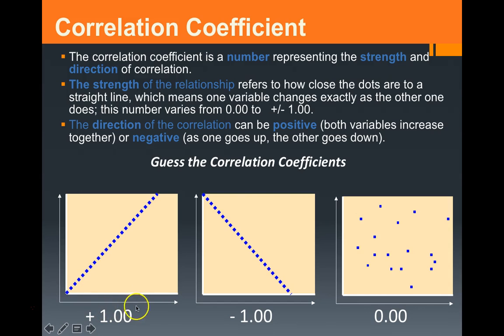We'll call this variable A. This is variable B. Each dot represents a point: this is the score that person got on variable B, and this is the score they got on variable A. So the dot is the coordinate of the two scores.